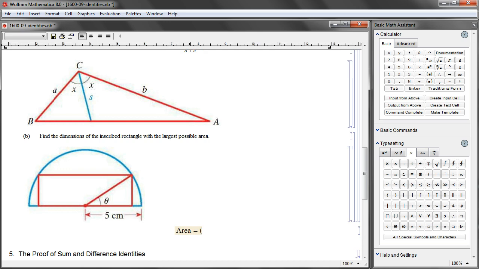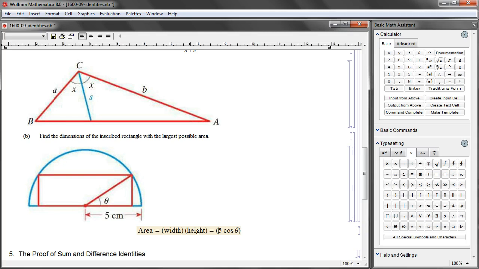Area is width times height. And what is width in this case? Well, we have the angle theta and the radius is 5. So the width here in this case is 5 cosine of theta. I hope you can see that. The width is 5 cosine of theta. 5 is the radius, hypotenuse.